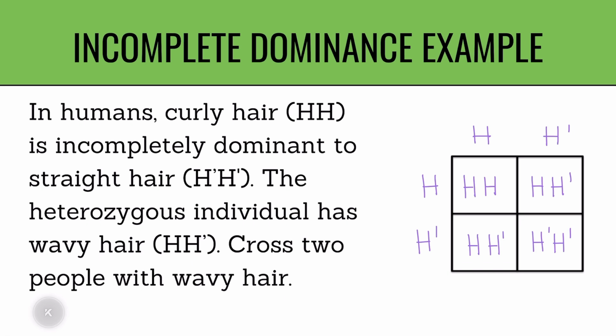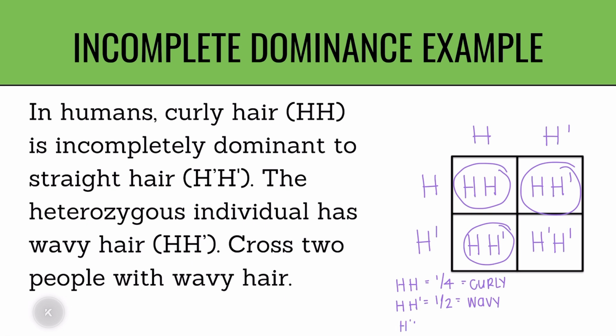Okay, so I have 1 out of 4 boxes, or 25%, of this, which is curly hair. Then I have, of my heterozygous, 2 out of 4 boxes, which simplifies to 1/2. And remember, the combination is wavy hair. And then finally I have 1 out of 4 boxes, which is straight hair.